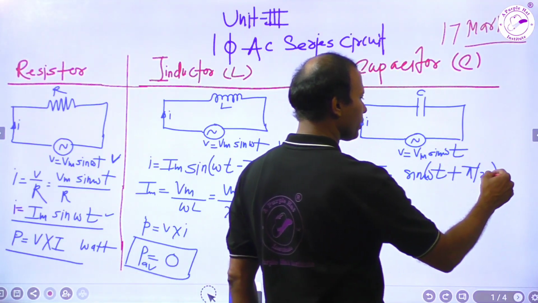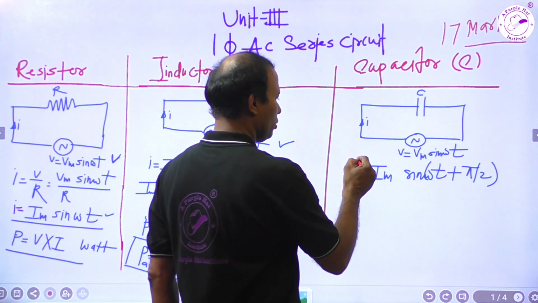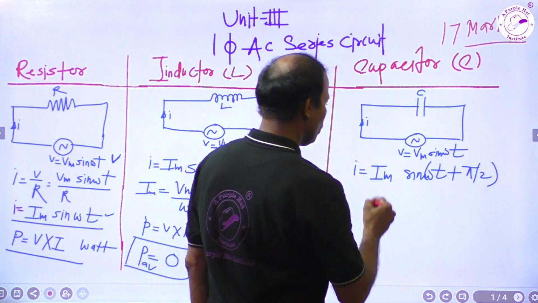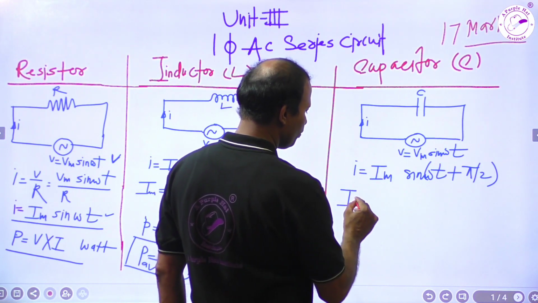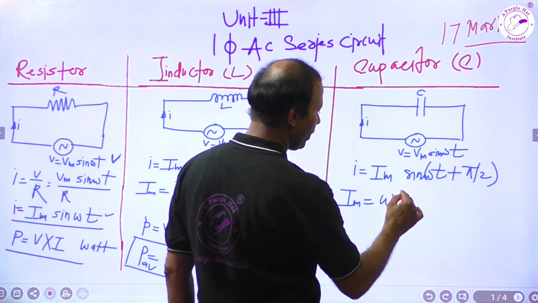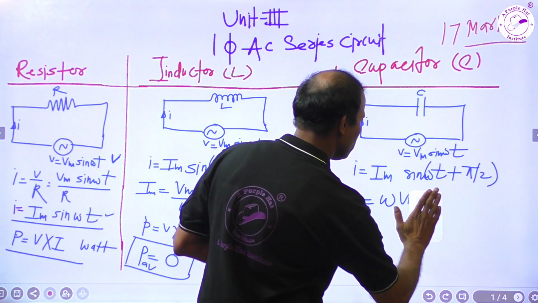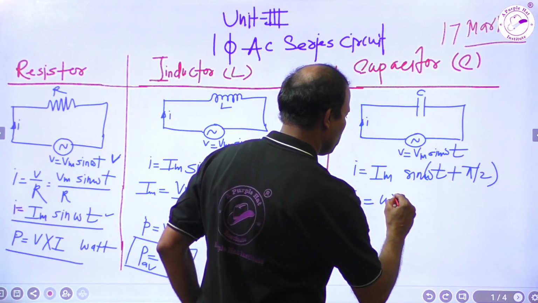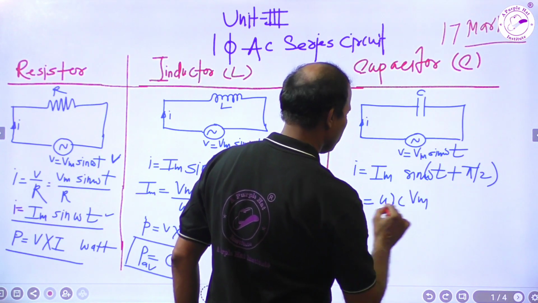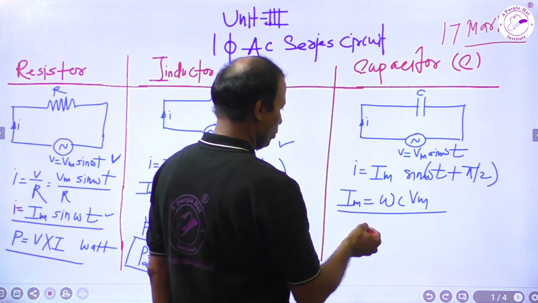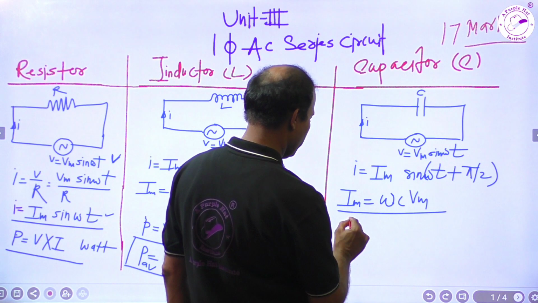And this is the instantaneous current, generally solved for calculation of current I. This Im is equal to omega C Vm, and this is called the maximum value of the current. Using this I will update the equation for current.